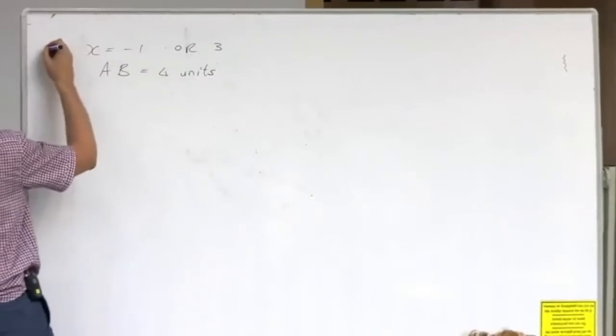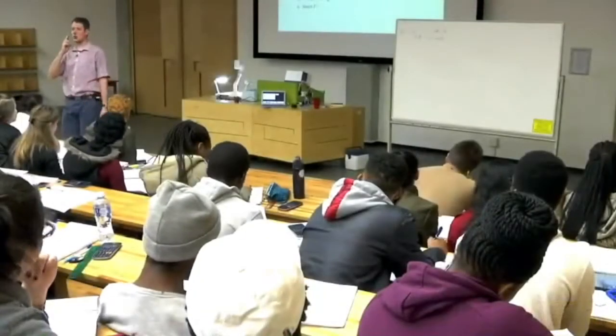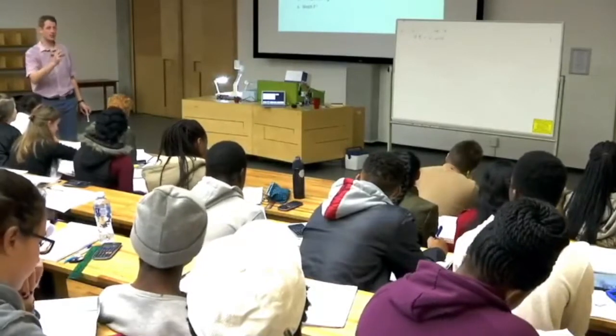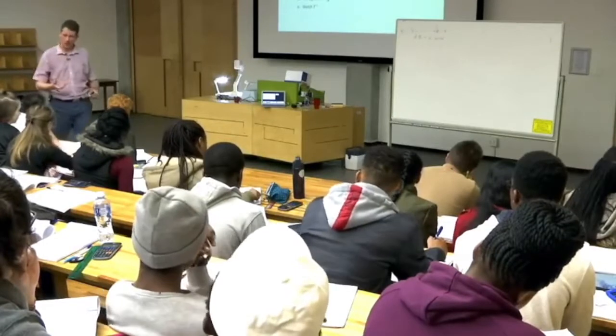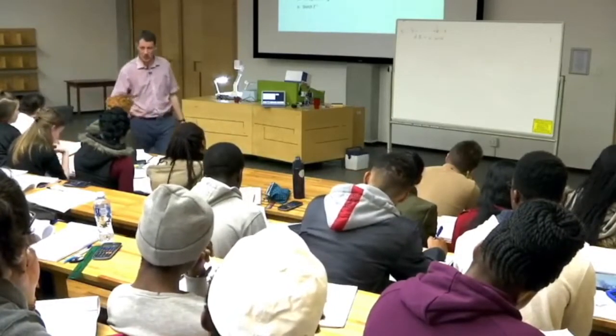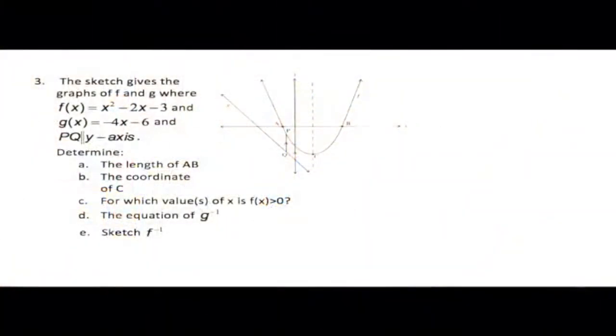Now, ladies and gents, when we look at the B part of the question, all of you should be able to do it in at least 2 different ways. Because if I look at the coordinate of C, what makes C so special that I ask it of you? It is the turning point of the graph. How do I find the turning point?